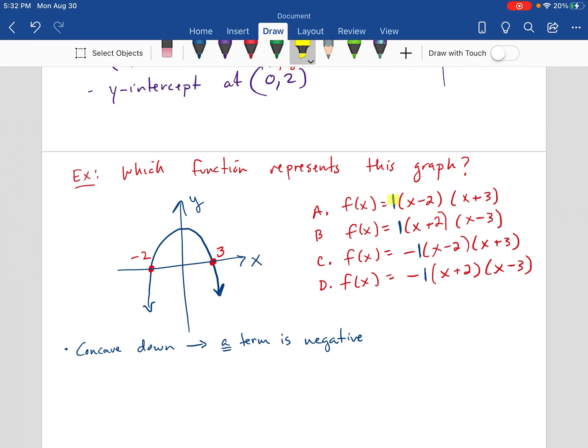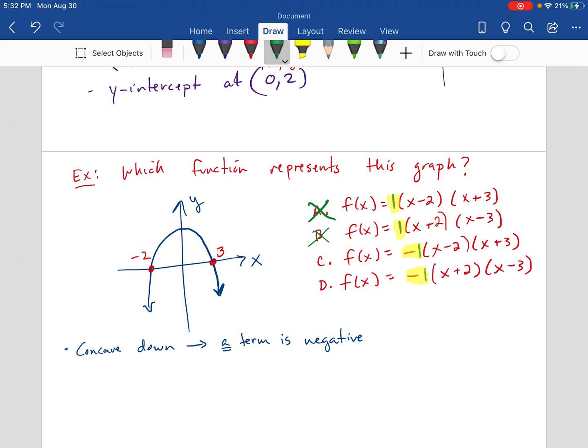So I'm looking at these 8 terms that I'm highlighting right now to figure out what my concavity is. Is it going up or is it going down? Since it's concave down, the A term has to be negative, which means that it cannot be A and it cannot be B, because those both have a positive 1. So my answer is either going to be C or D.